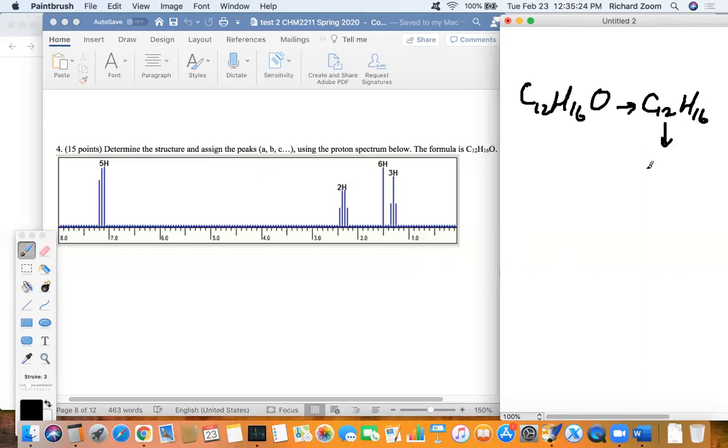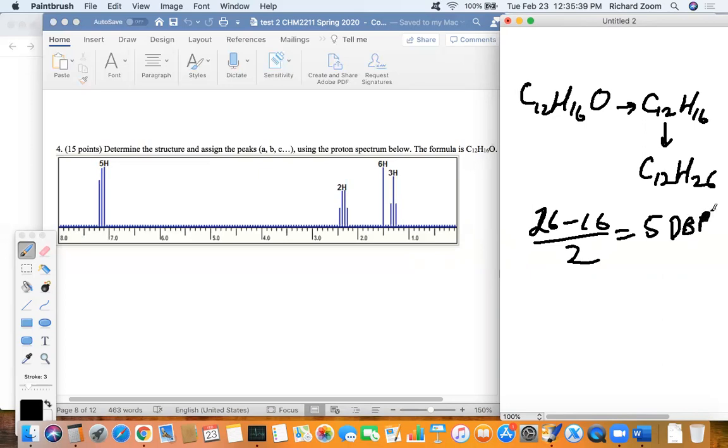And if it was saturated, it'd be C12H26. 26 minus 16 divided by 2 is 5. So 5 double bond equivalents, which points to there being an aromatic ring, which we can already see in the proton spectrum anyway.